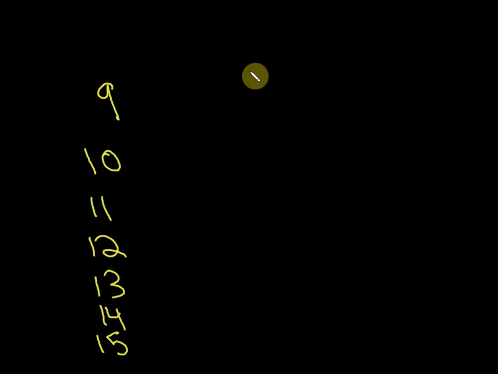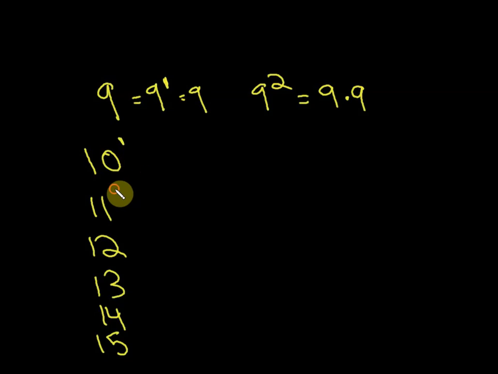Well, I already told you that, for example, 9 to the 2 is the same as multiplying 9 2 times. Well, this 9 is the same as 9 to the 1. Why? Because if I multiply 9 just one time, I just get 9. Same thing: 10 to the 1 is equal to 10. It's just by itself one time.